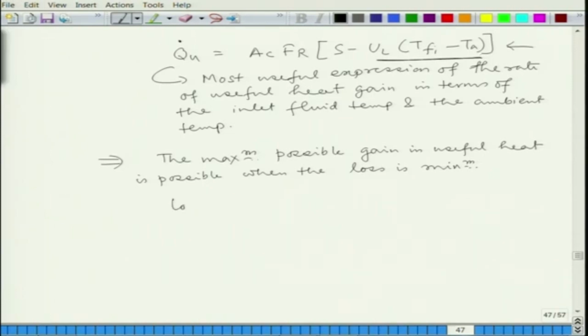So, loss is minimum when T F I minus T A is minimum, is it not? Okay. So, that is the minimum loss point that we will compare with the actual heat gain to get the effectiveness.